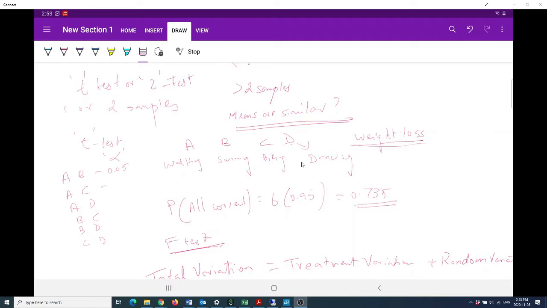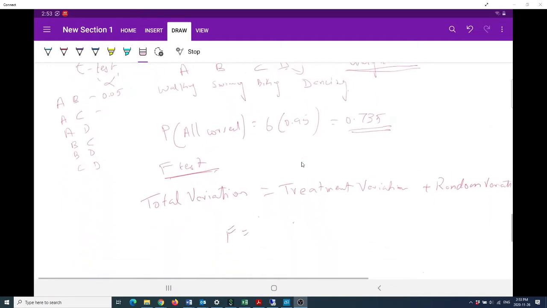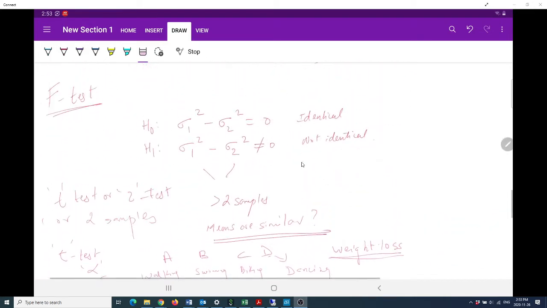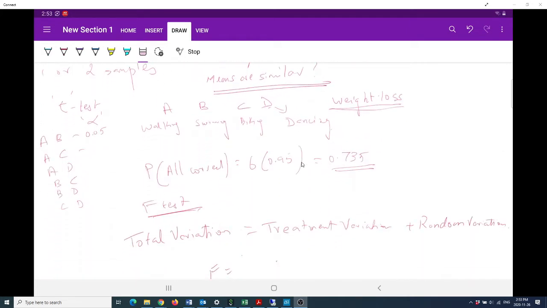Another way to figure out if these means are similar is to use the F-test. In addition to checking if population variances are similar, the F-test can also be used, through estimates of variances, to check if sample means of groups are similar or dissimilar.